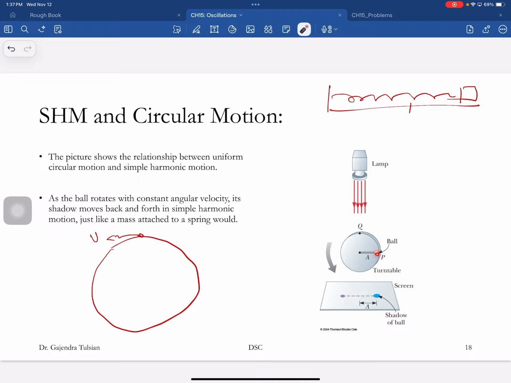Okay, so that's what this illustrates. So here's a ball. This thing is rotating. This has a constant angular speed, meaning this is going around in a circle at constant speed. And if you shine a light like this and project the shadow of this guy, there's the shadow, and the shadow will go back and forth. And the motion of the shadow is exactly the motion of that mass.